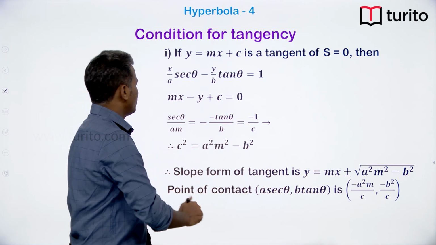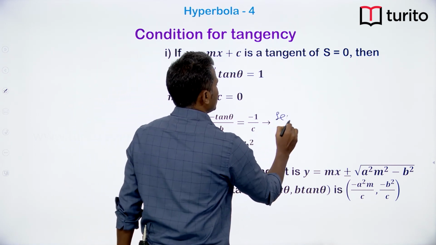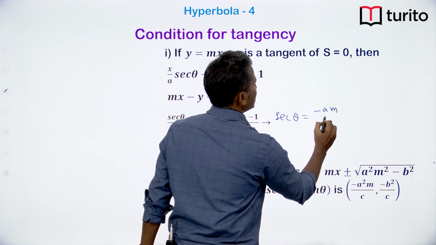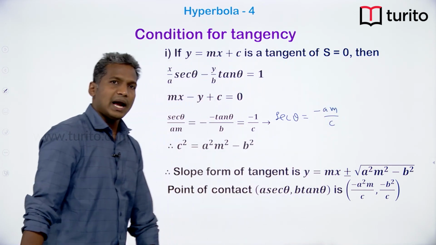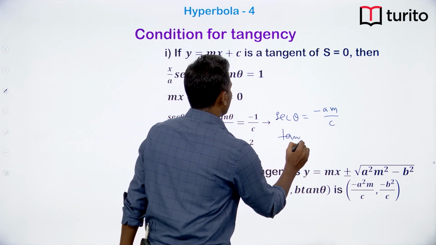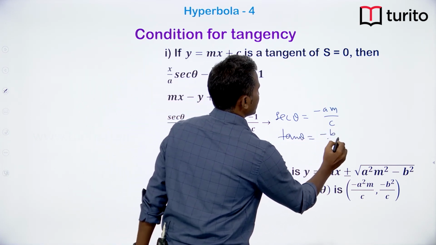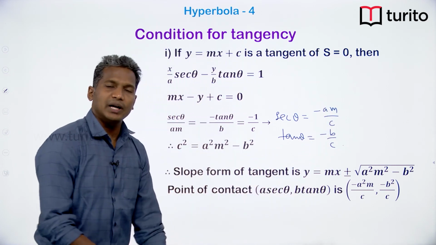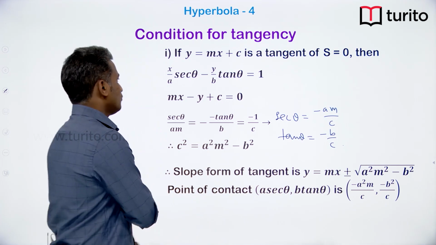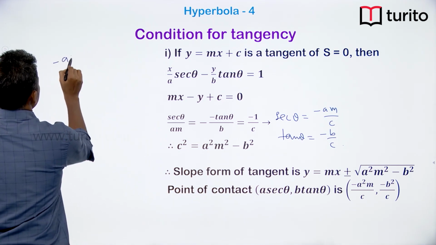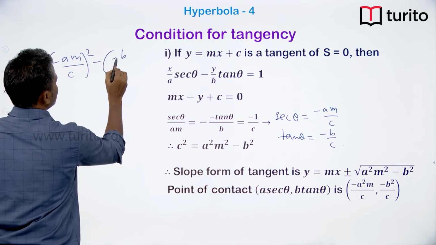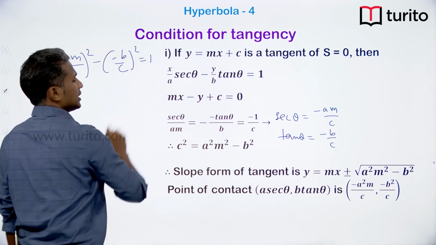From here we are going to get sec theta equal to minus am by c, and similarly tan theta as minus b by c. Now, when we apply sec square theta minus tan square theta equal to 1, we are going to get (minus am by c) whole square minus (b by c) whole square equal to 1.